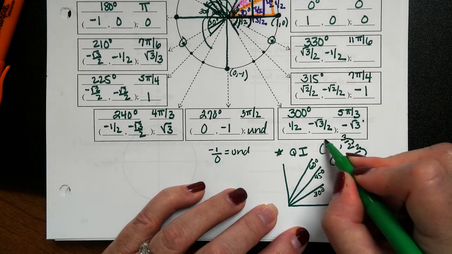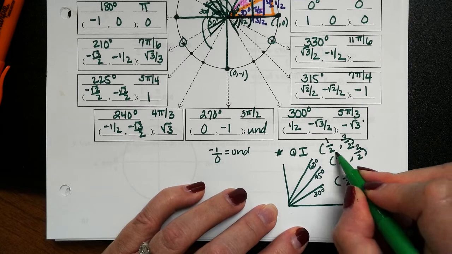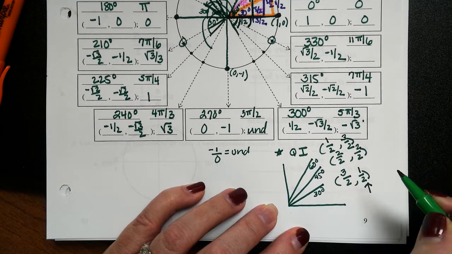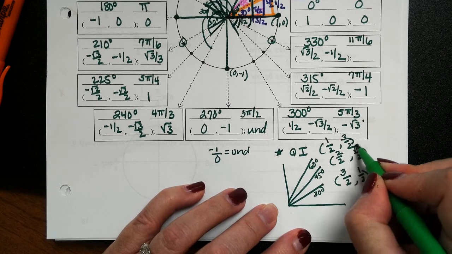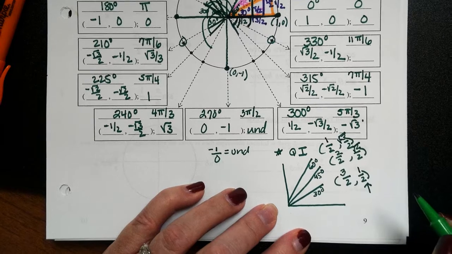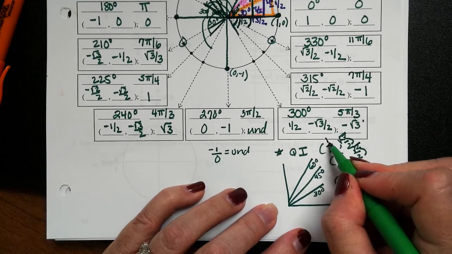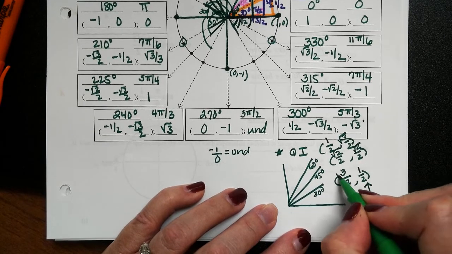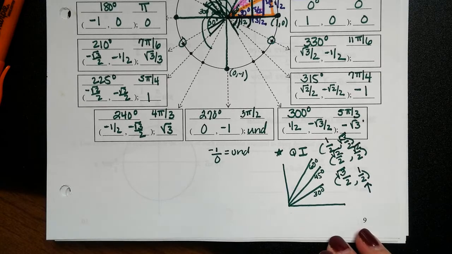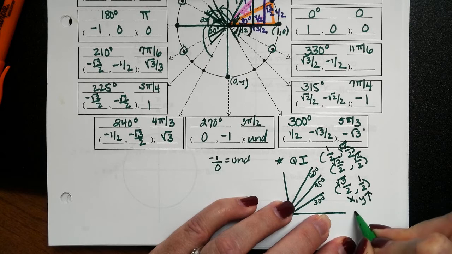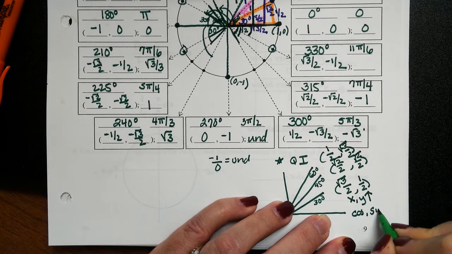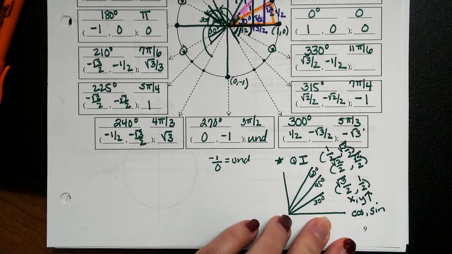Then repeat, start going down: 1, 2, 3. Square root the numerators. Square root of 1 is 1. Here's square root 2. Here's square root 3. Square root of 1 is 1. Square root 2. Square root 3. Remember, alphabetical order. X comes before Y. Cosine comes before sine. C comes before S.